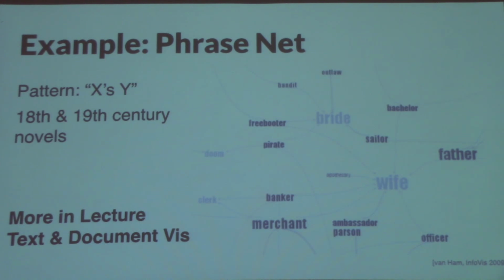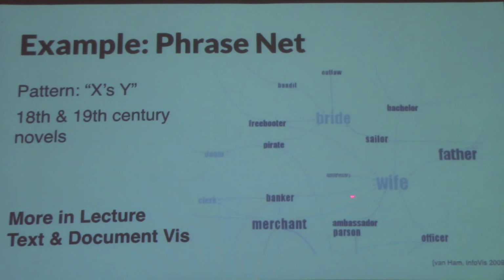Here is a fun example for that. Here you have X as Y. So like the sailor's wife, for example, would be a pattern that matches this query here, and it uses a library of 18th and 19th century novels. And the relationships are interesting if we look at the use of bride and wife.